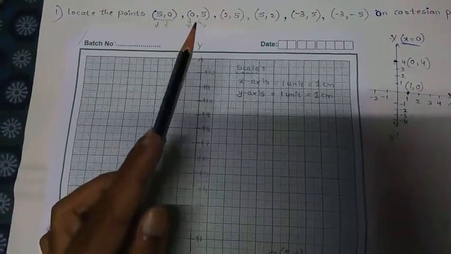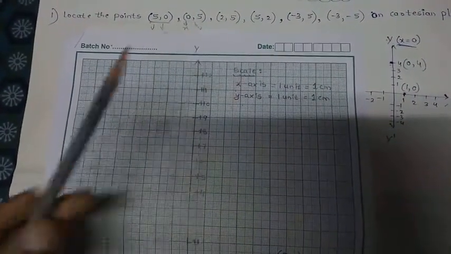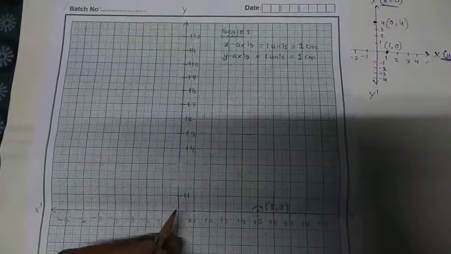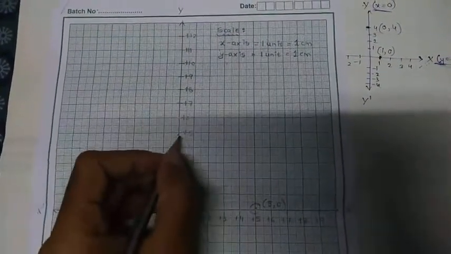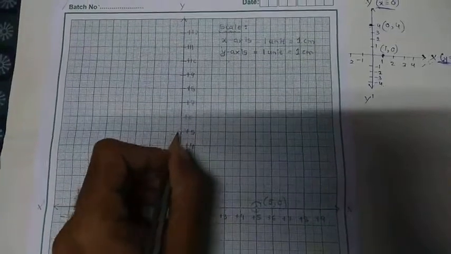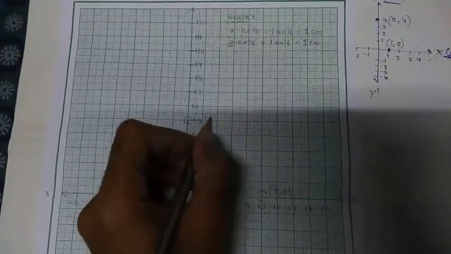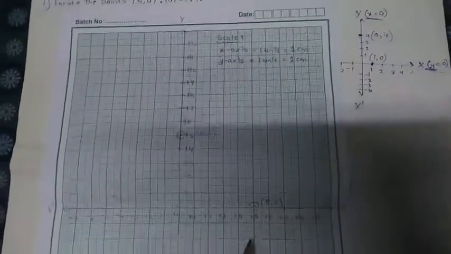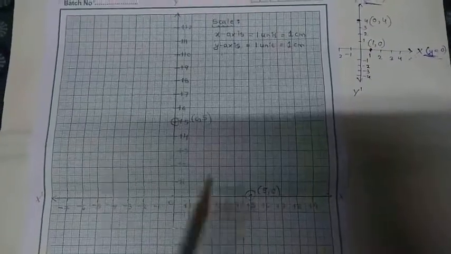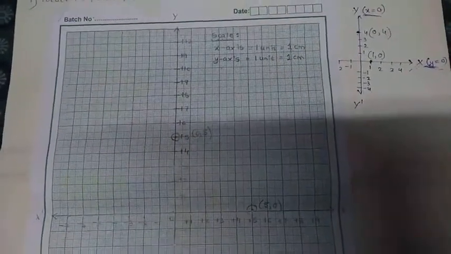Why? Because they have given the value as plus 5. So 0, 5, where will you plot that? You will plot it here. So 5, 0 comes on the x-axis and 0, 5 comes on the y-axis.